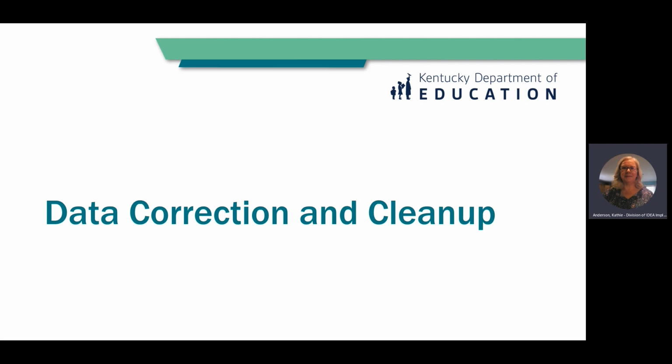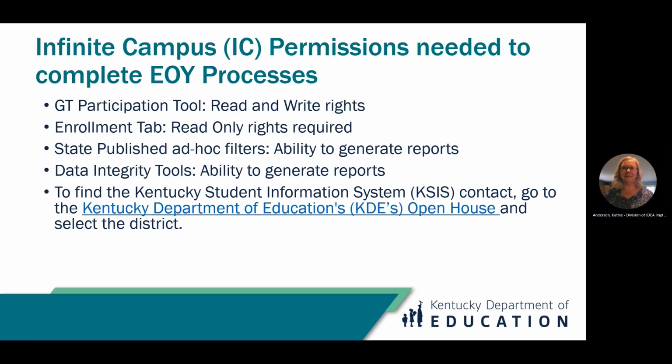So one of the reasons that we have data correction and cleanup is to make sure that our data is correct for the school report card, and also to ensure that we're not missing any students to provide services for. So in Infinite Campus, you may need to request permissions to complete the end-of-year processes.